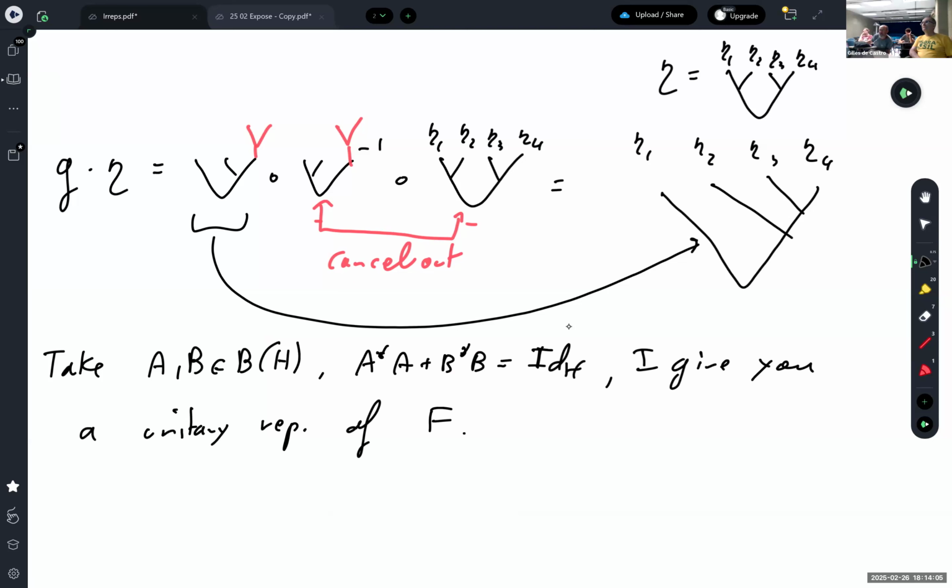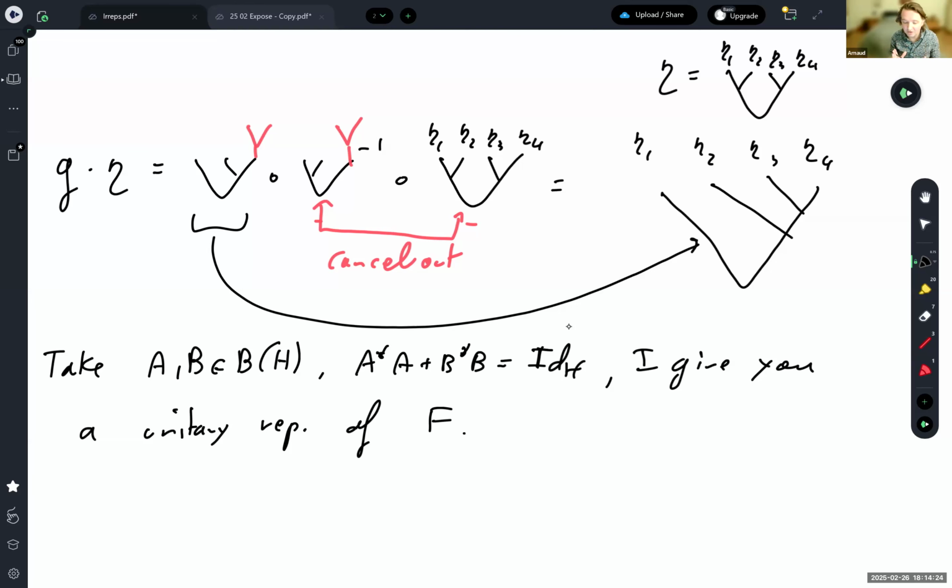Sorry, is it independent of the way you grow the tree? For the action, yeah, everything is independent of the choice of your vector and the way you grow, the choice also of the tree pair that represents your Thompson's group element. Everything is independent of that.